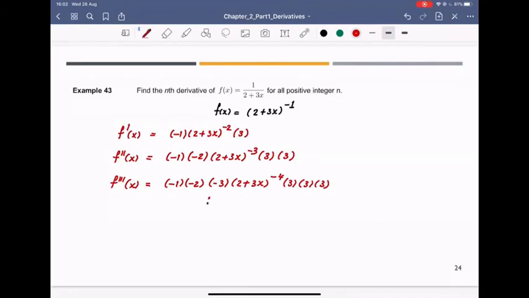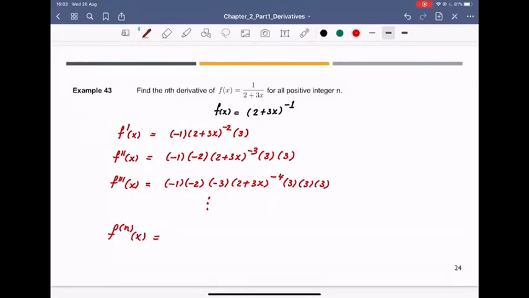Well, the pattern keeps going, right? What is your n-th order derivative here? This is what you have to answer, and usually we ask you to do this on the exam.